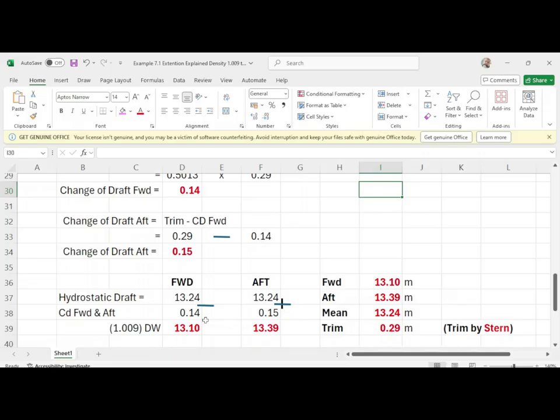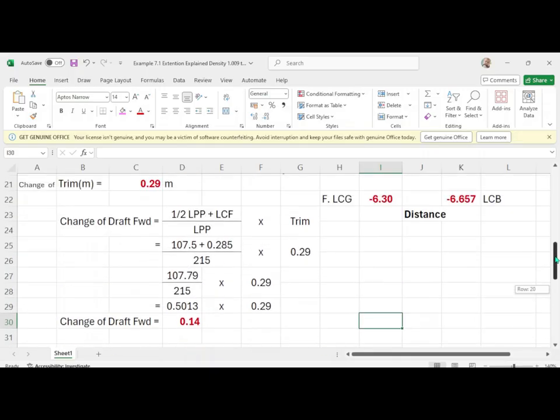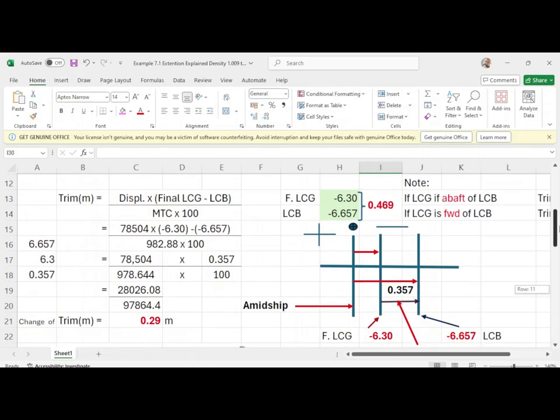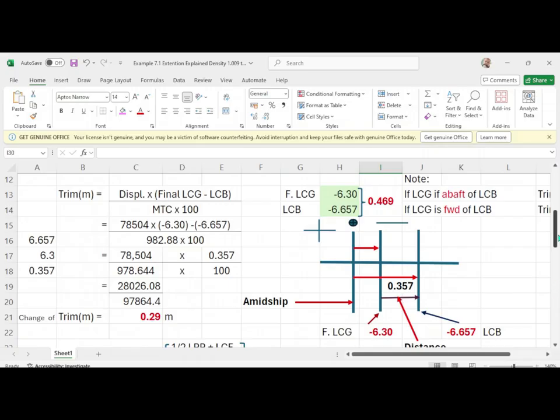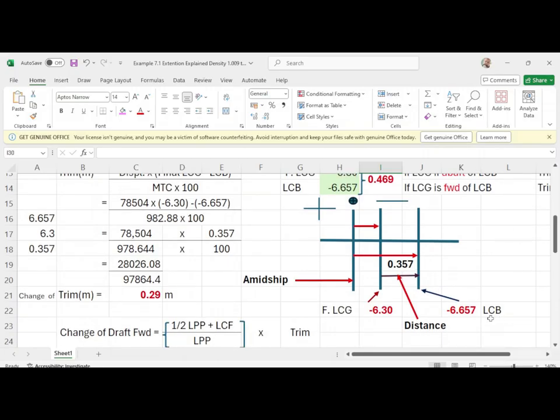Now, because of the buoyancy of the water, your forward will rise up, meaning the forward part of your vessel rises up, and the up part of your vessel sinks down. So when you rise up, you have less drop, and when you sink, you will have greater drop.